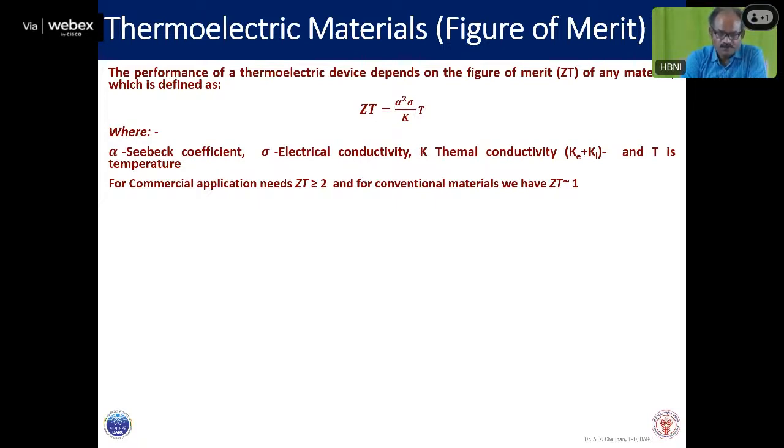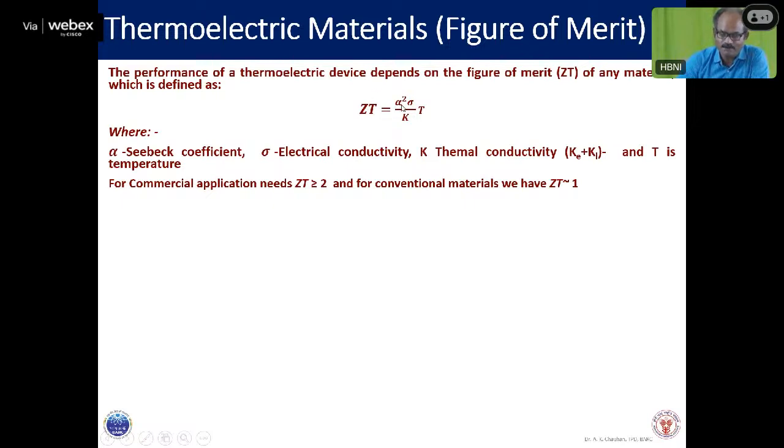So the performance of a thermoelectric device depends on the figure of merit. So this is clear, the thermoelectric method. Now the performance of this device depends on the figure of merit. We define something called the figure of merit, and it is specific to particular materials. For any material you have a certain ZT. If you change the material, you will have a different ZT.